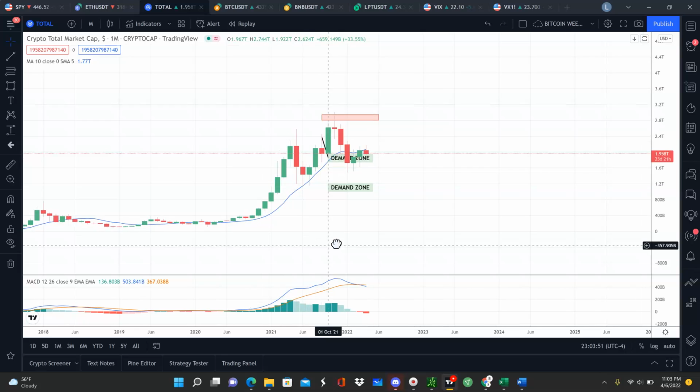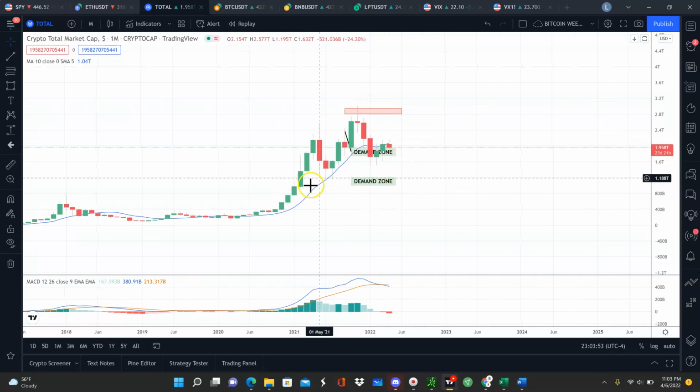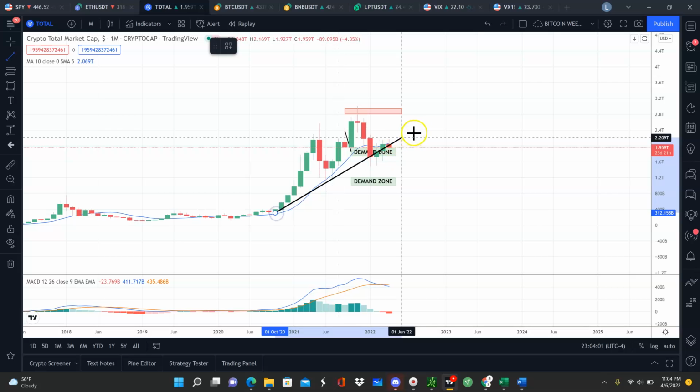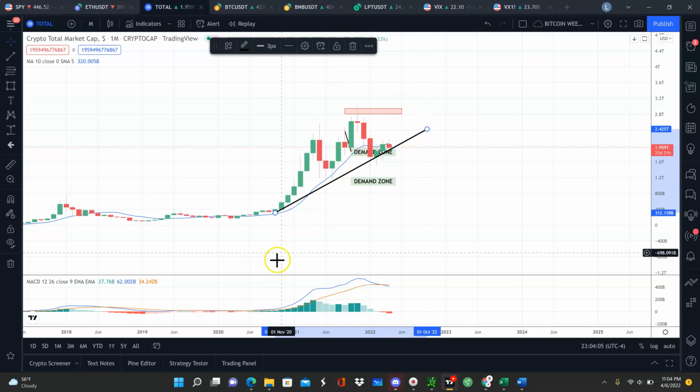So overall trend, it appears that it has not been broken at this time. Not quite yet.